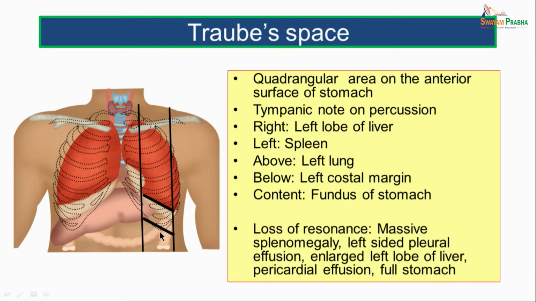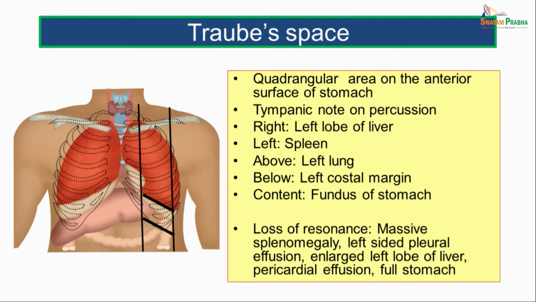What lies in this space? The fundus of stomach lies in this space. The fundus of stomach contains some amount of ingested air at all times, and it is this air in the fundus which gives a tympanic note on percussion. There could be a loss of this resonance.